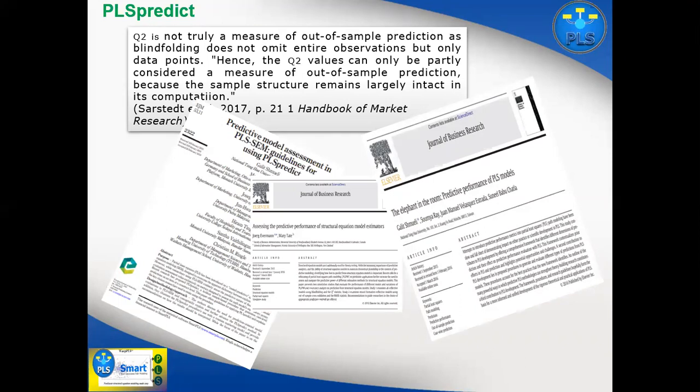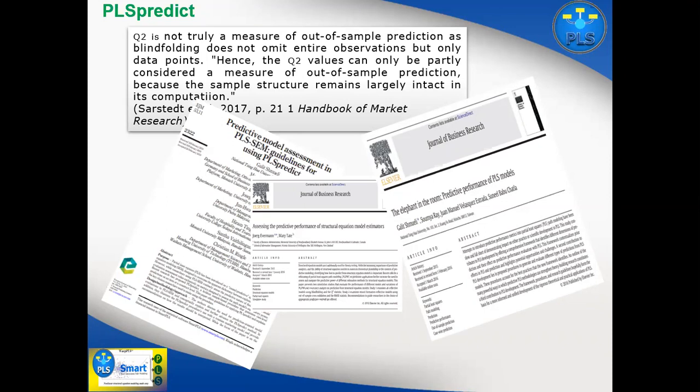They are predicting the data within the same data set, not predicting it on another data set. You understand? That is why they say it's not an out of sample prediction measurement. They needed another parameter that will measure out of sample, so they came out with what is called PLS predict.